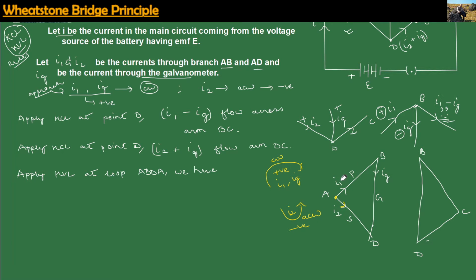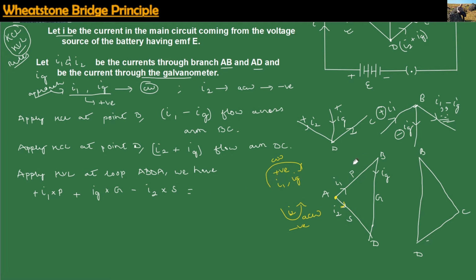So if I2 is moving in the anti-clockwise direction, I2 will be taken as negative. If you multiply I1 and P, that will give us our voltage drop on branch AB. So over here, this will be I1 into P with the positive sign, plus IG into G, current into resistance, and then I2 will be negative, so I write minus I2 into S. S is our resistance.